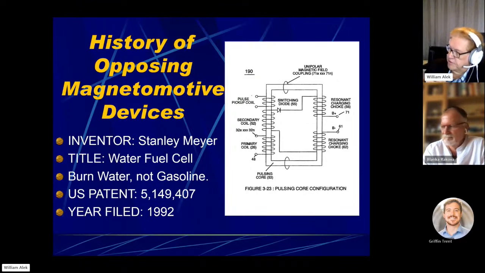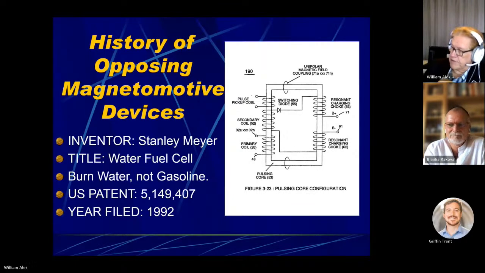Now, who was doing this before Stanley? Another inventor that goes by the name Yule Brown. Okay, and you can look him up as well. Yule Brown was producing what's called Brown's gas. And what is Brown's gas? It's a hydrogen-oxygen combination.